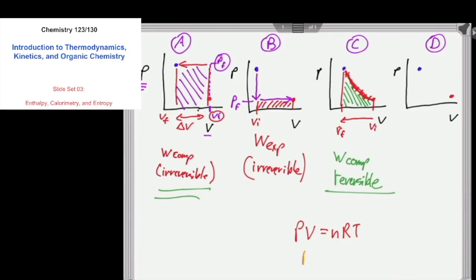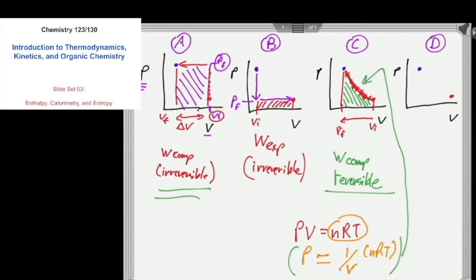As we've been discussing, pressure is inversely proportional to volume, 1 over V, where the constant is nRT: the temperature at which this is isothermal, n the number of moles of gas, and R our universal gas constant. This formula describes that line. It's a y equals 1 over x kind of formation, and the constant nRT depends on the specific case we're doing.